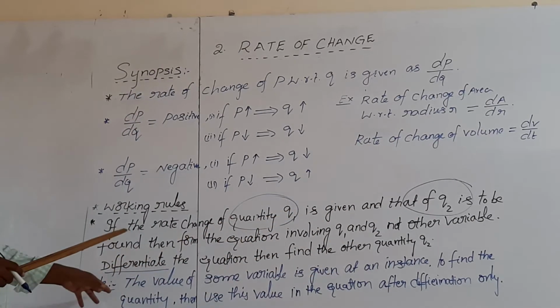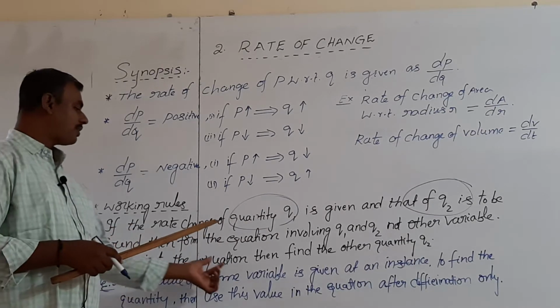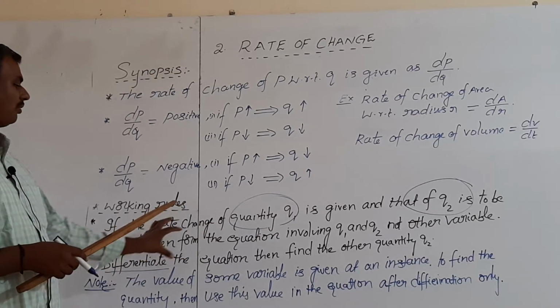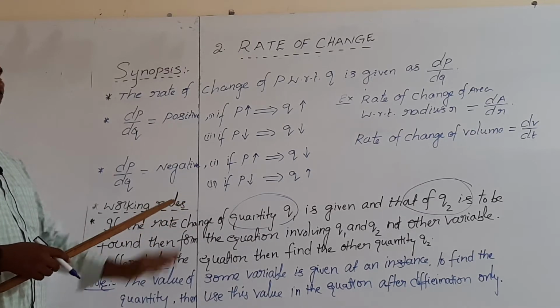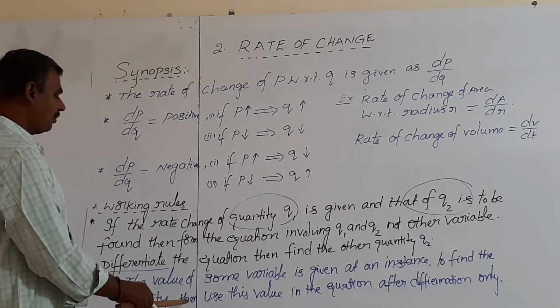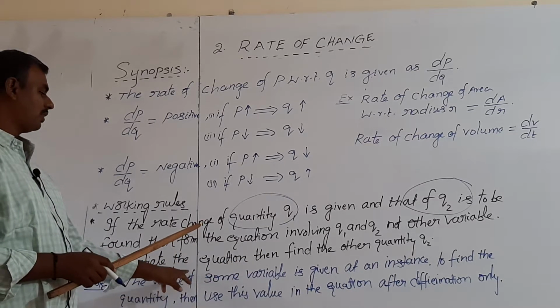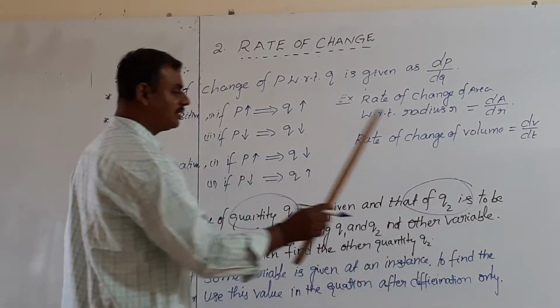And one more important note: if the value of some variable is given at an instant, whatever it is, radius, height, depth, to find the quantity we should use this instant value in the equation only after differentiation.